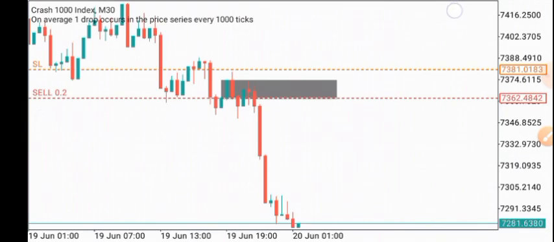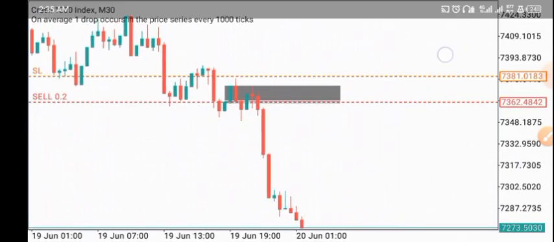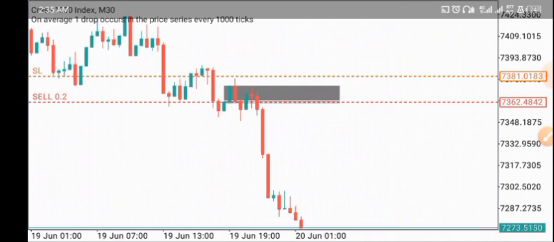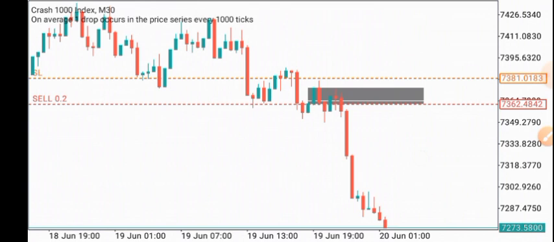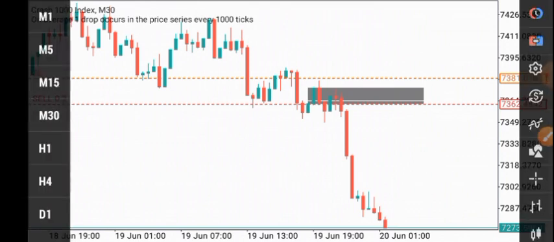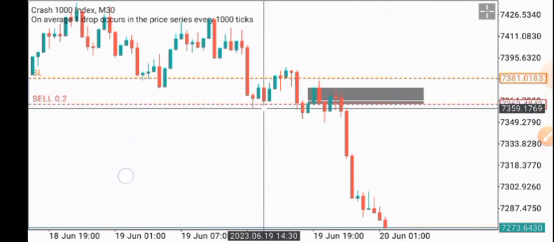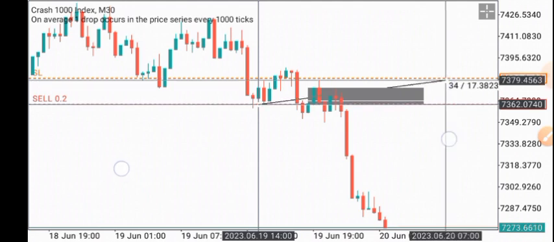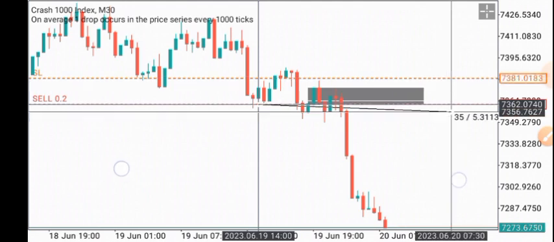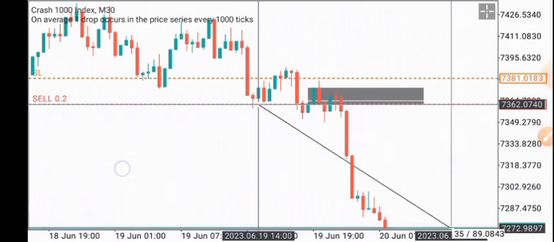As you can see, this is 2:35 a.m. So this very trade, I took using a pending order, right? That's using a sell limit. I took the trade here, placed my stop loss and went to bed. I just woke up to find out that this has gone deep in profit.